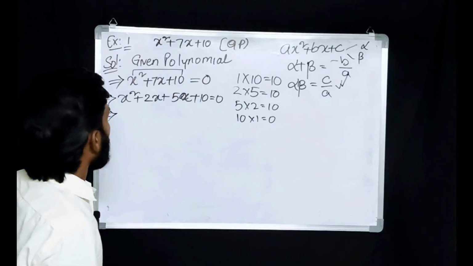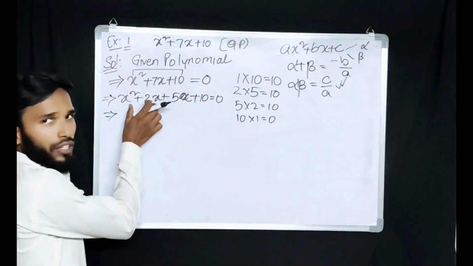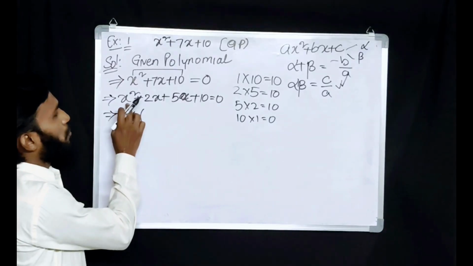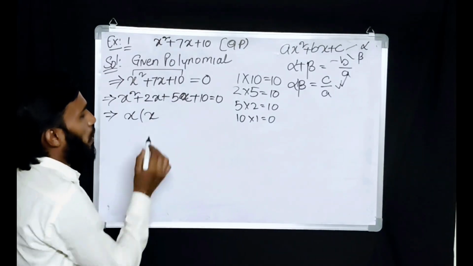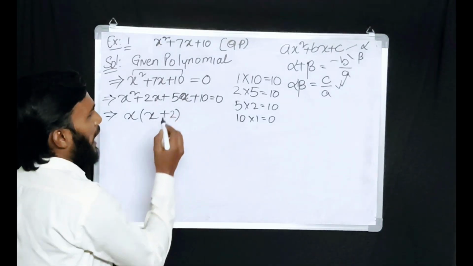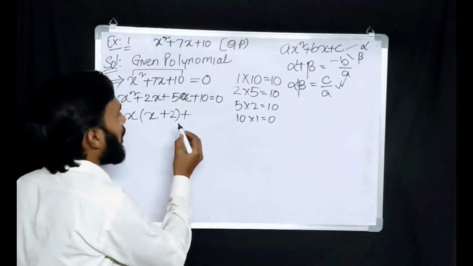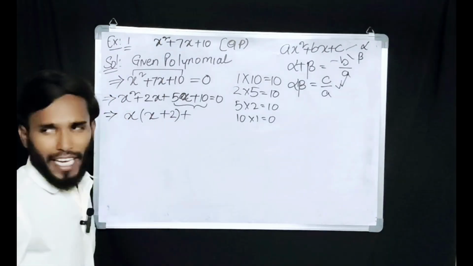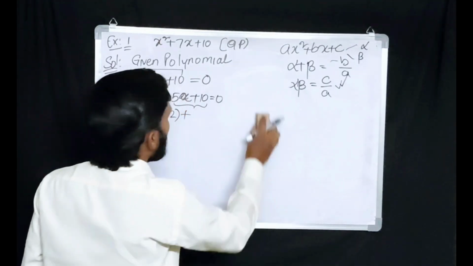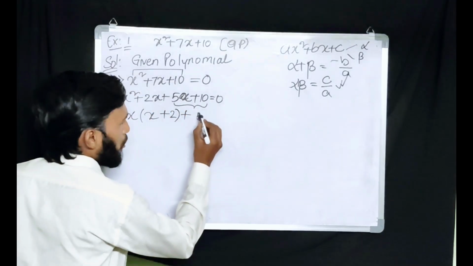Now take common factors. What can we take common here? x. If you take x common from x square plus 2x, x is left in the first term, and 2 is left in the second, so x plus 2. Now from the next terms, you can take 5 common.